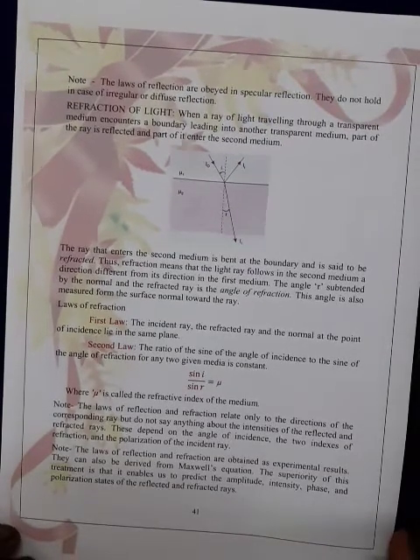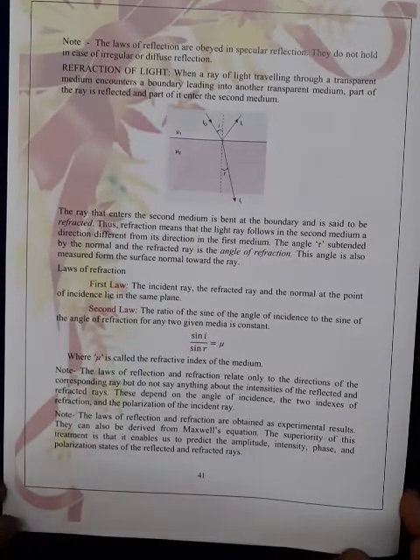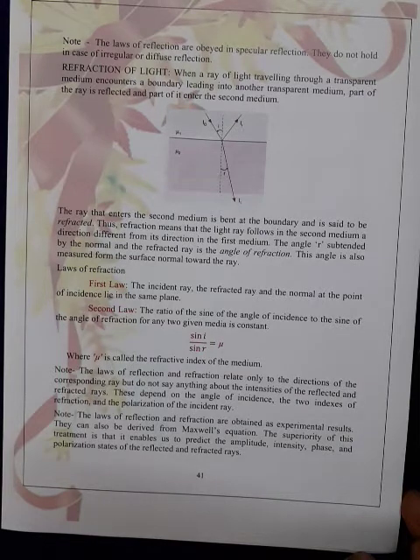Here we have to note that the laws of reflection and refraction give only the direction of the corresponding ray, but do not say anything about the intensities of the reflected and refracted rays. This depends on the angle of incidence, the two indices of refraction, and the polarization of the incident ray.